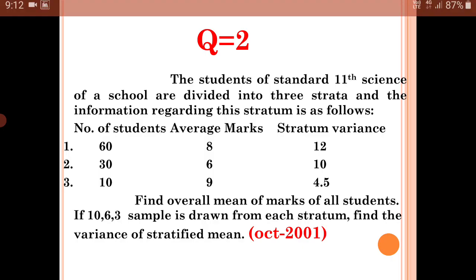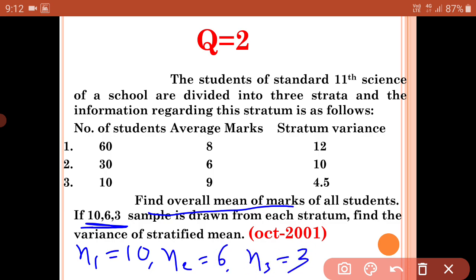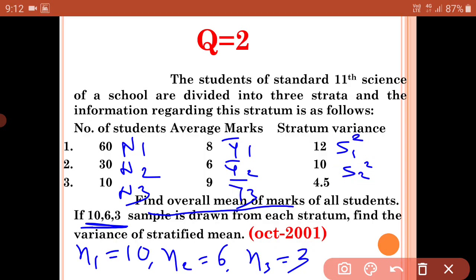Find the overall mean, which means y bar st. The sample sizes given are 10, 6 and 3, which means small n1 is 10, small n2 is 6 and small n3 is 3. Then there are capital N1, capital N2 and capital N3, then y bar 1, y bar 2, y bar 3, and s1 square, s2 square and s3 square. Now calculate the question from this data.